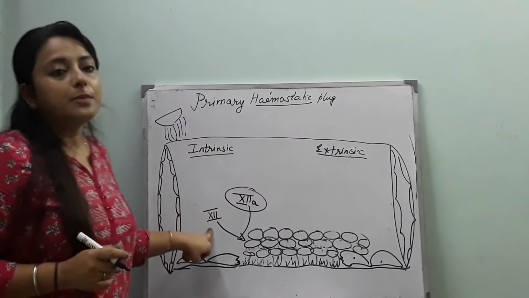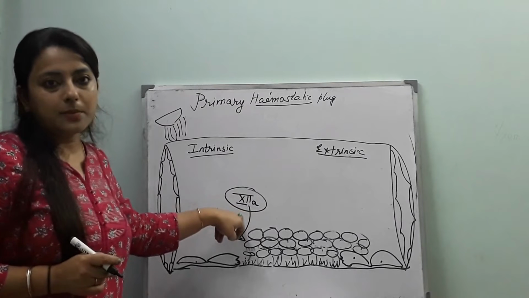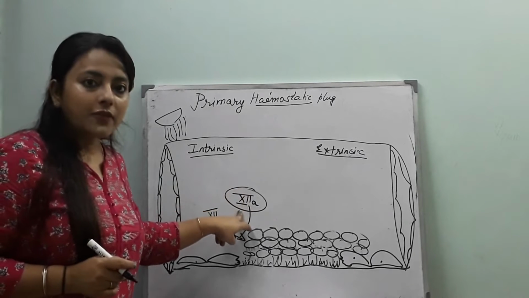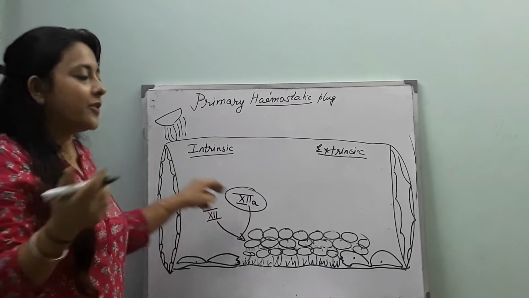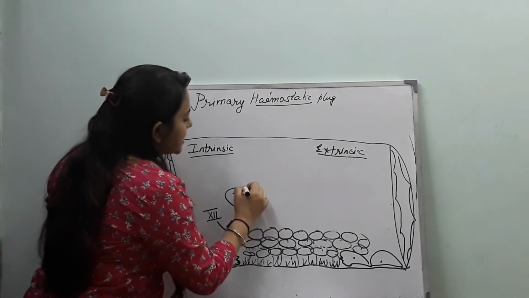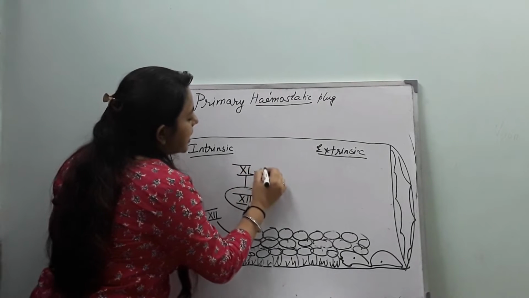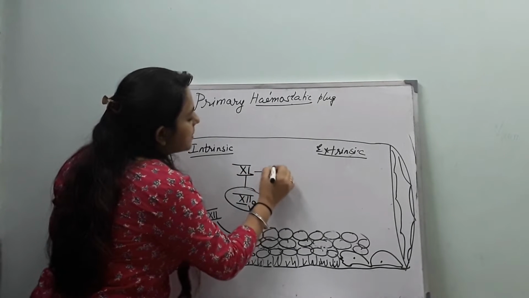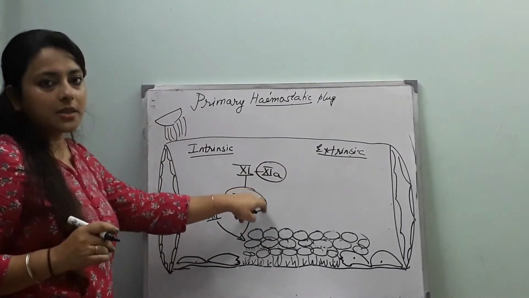When factor 12 comes in contact with damaged tissue, it becomes activated factor 12, and this activated factor 12 activates factor 11. This factor 11 becomes activated factor 11.